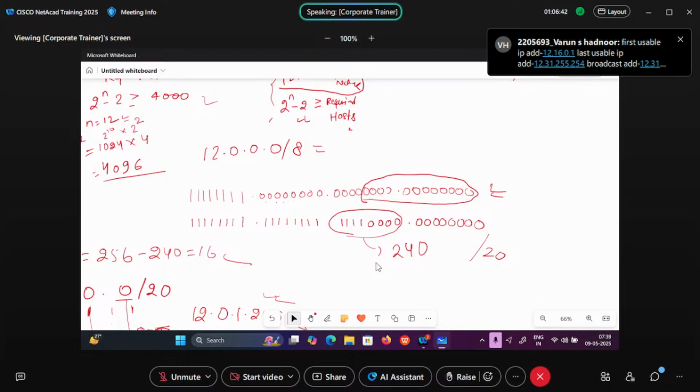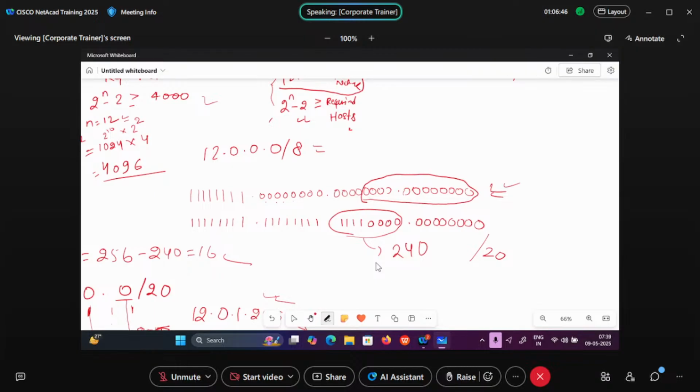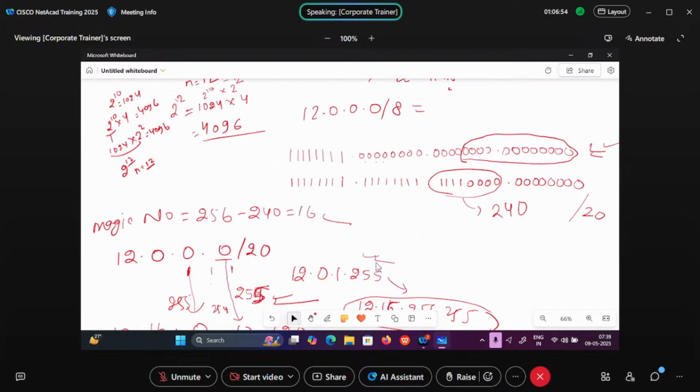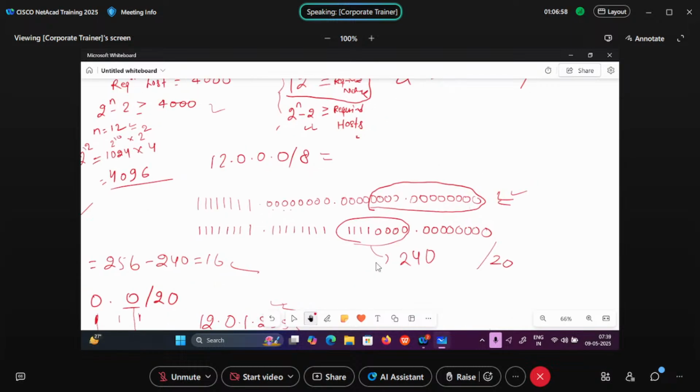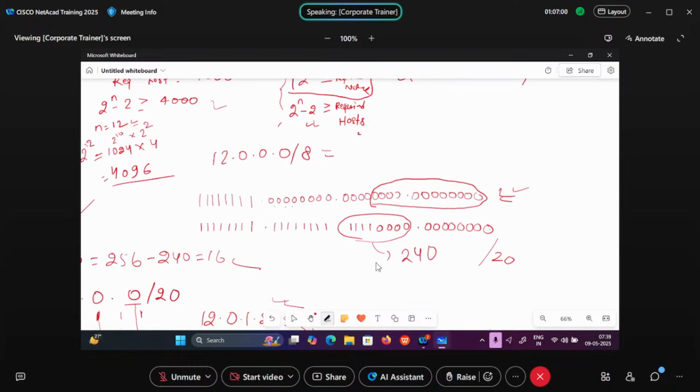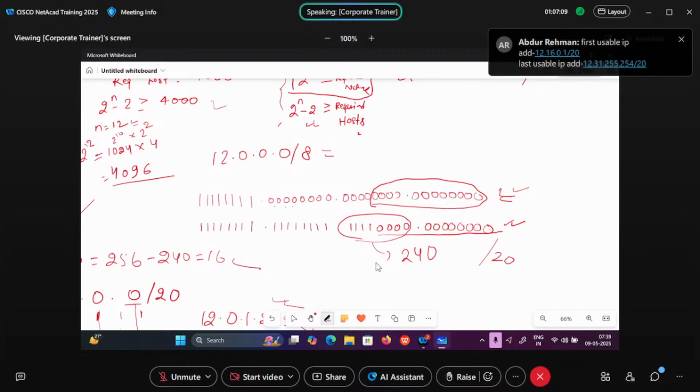So how many zeros do I have to fix? The n value is 12, so 12 bits are fixed: 8 bits from the last octet and 4 bits from the third octet. So in total 12 bits are fixed zeros, that I cannot change.